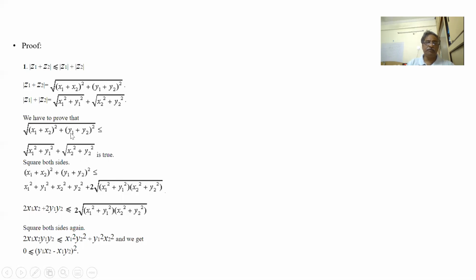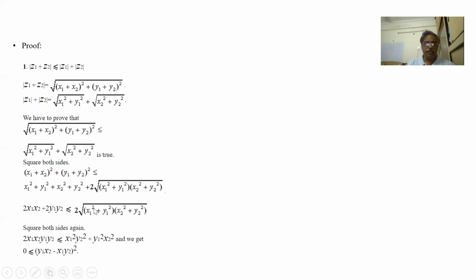So let us prove this. We have to prove that this is less than this. I am squaring both sides, so here the root will go. Here a square plus b square, 2ab will be coming. When these squares get cancelled, 2x1x2 plus 2y1y2 is left out here.